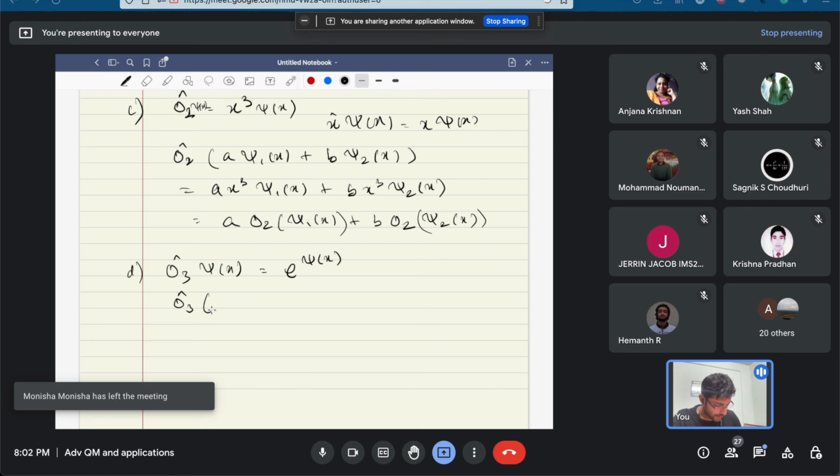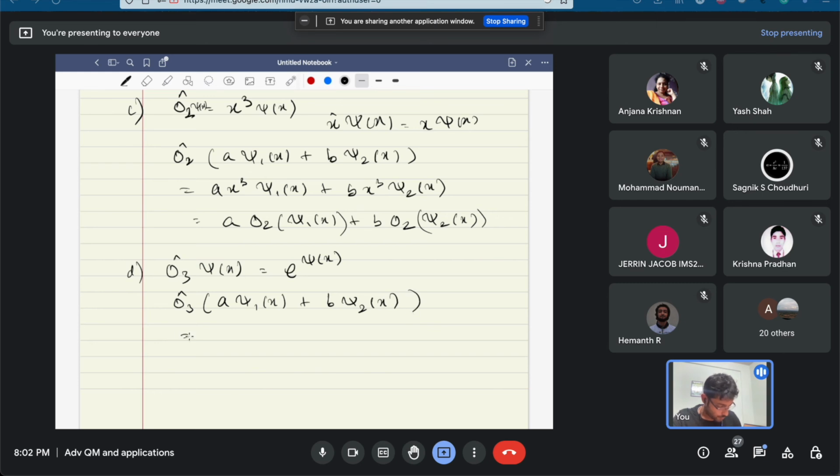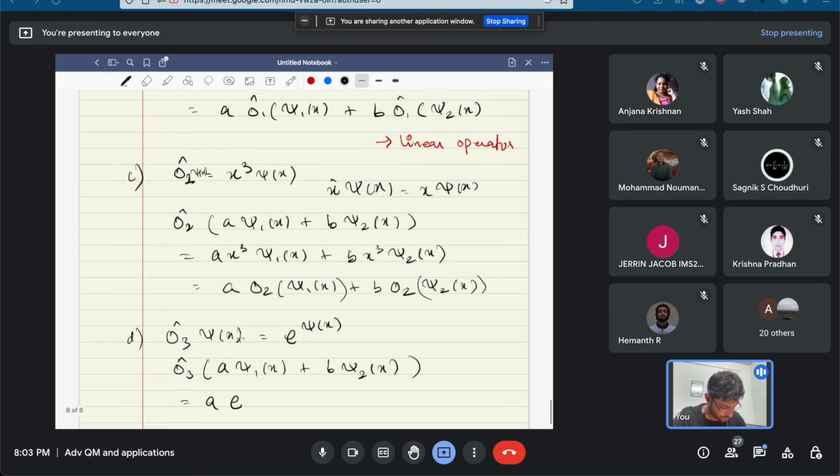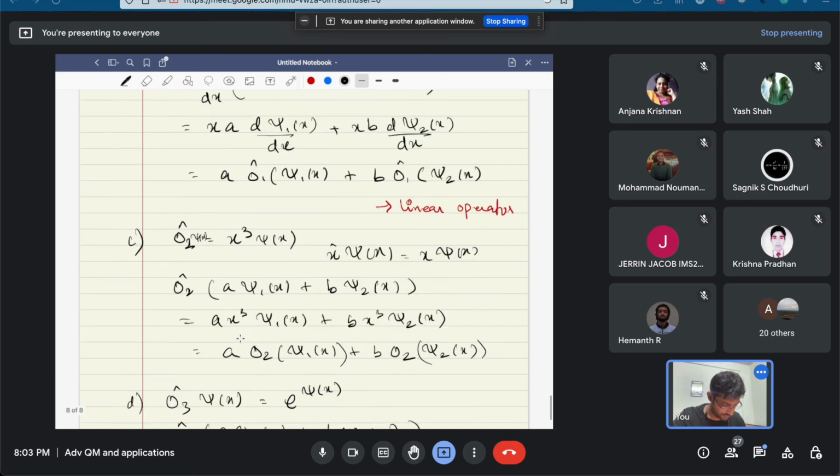Okay, so we have a psi 1 of x plus b psi 2 of x, and what we have here naturally comes out, it's a constant. So O3 acting on psi 1 of x gives us e to the power, I think I'm doing something wrong. Right, so the operator acts on the whole thing.